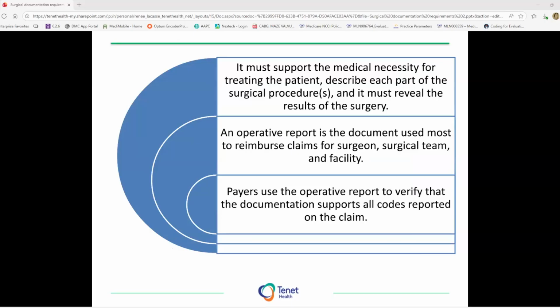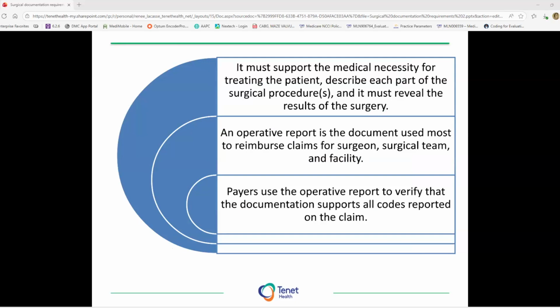Your operative report is primarily used to process reimbursement for the surgical team, your surgeons, and the facility. We need to make sure we clearly justify the medical necessity of the procedure. We want to provide a detailed description of each step of the surgical procedure and include surgical outcomes and results.